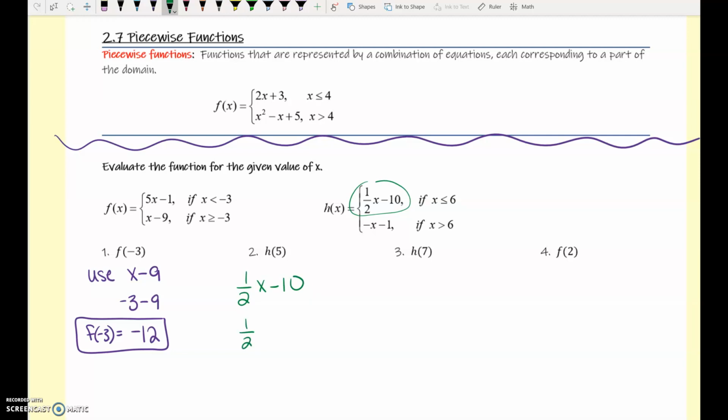So half of 5 minus 10. And I'm okay with decimals here. What's half of 5? 2.5. And 2.5 minus 10. Oops. Is it -7.5? Yeah. Awesome.